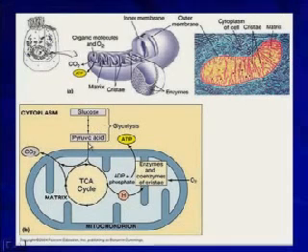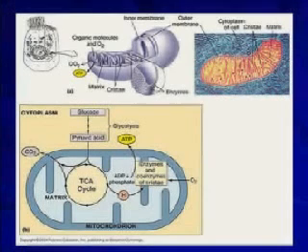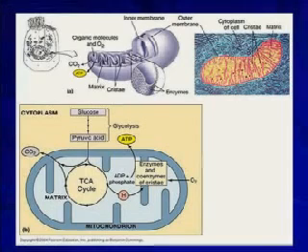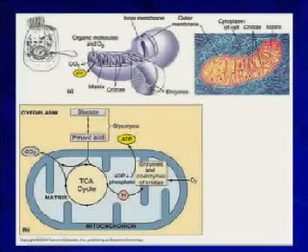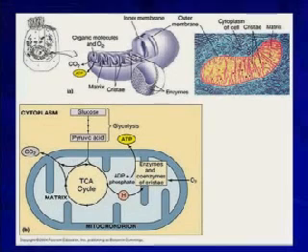Pyruvic acid then moves into the mitochondria, goes through the TCA cycle. The TCA cycle is basically a series of enzymatic steps which will generate an energy packet, ADP, adenosine diphosphate. Phosphorylation will take place. The production, again in the presence of oxygen, will produce ATP. ATP being a powerful energy unit.